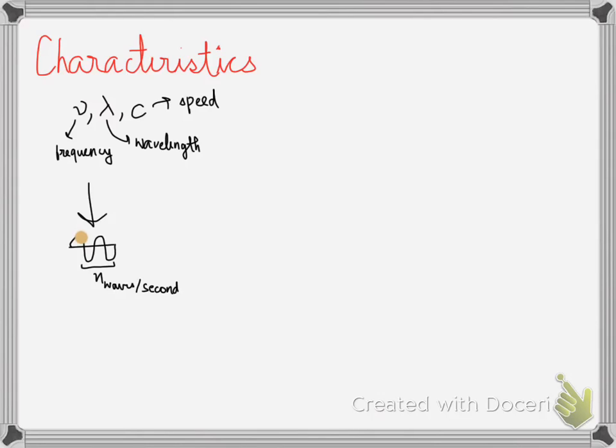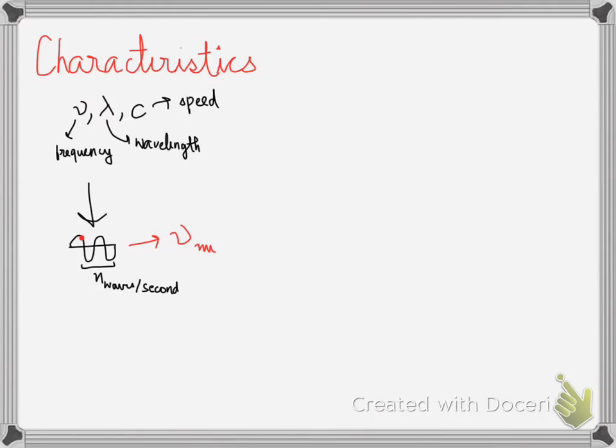Suppose I assume this point here, then the number of waves that pass through this point in a second is called the frequency, right? And it is denoted by the symbol nu.